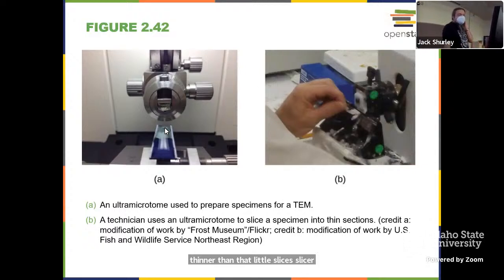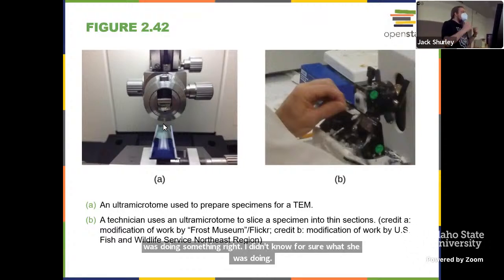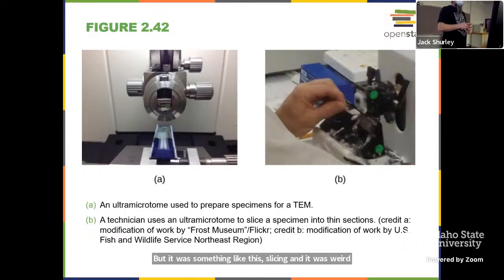I saw a student that was going through this process with a microtome when we were experiencing the electron microscope, and the microtome was right outside of the room and she was doing something, right? I didn't know for sure what she was doing, but it was something like this, slicing, and it was weird little white stuff. I'm like, what are you doing? Slicing bone.